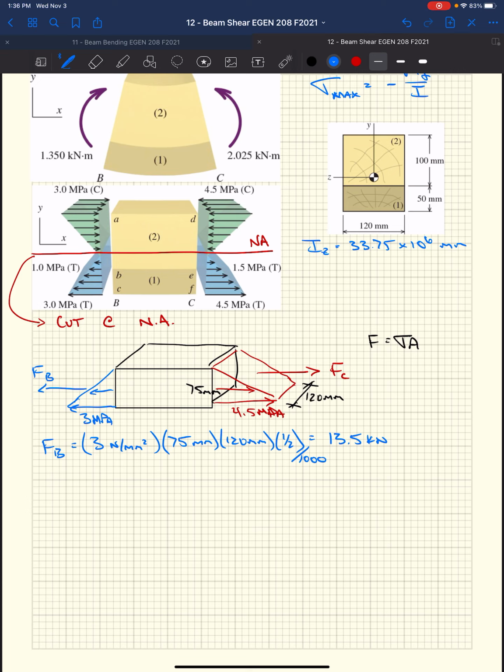If we go through that same process at point C, we get 4.5 newtons per millimeter squared times 75 times 120 times 1/2 divided by 1,000, and we get 20.25 kilonewtons. Excitement out there, huh?